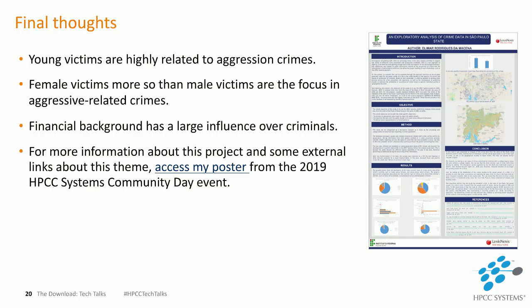And female victims are more targeted when the crime is aggressive than male victims, as we showed in a chart where we have more battery crimes related to females than males.